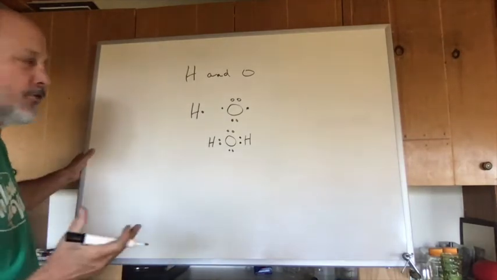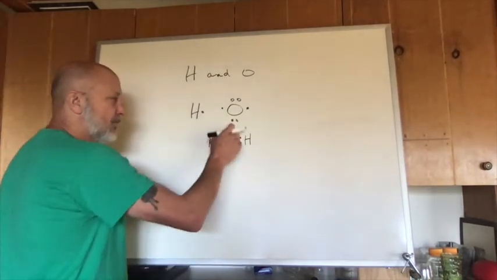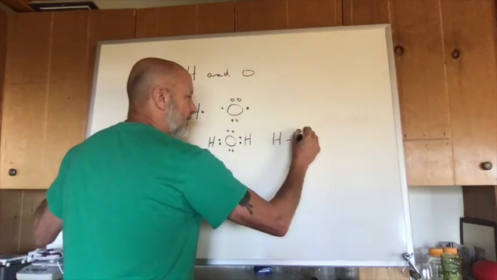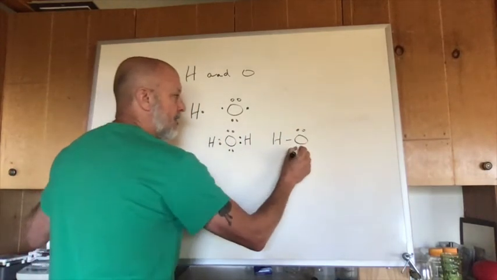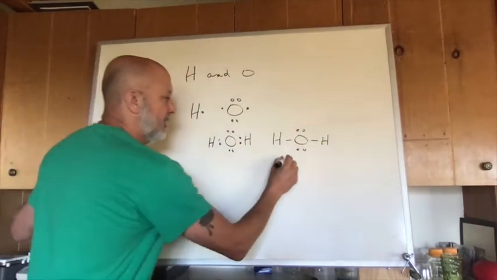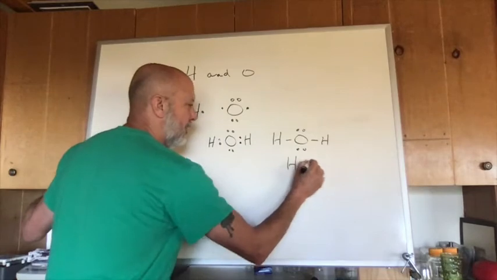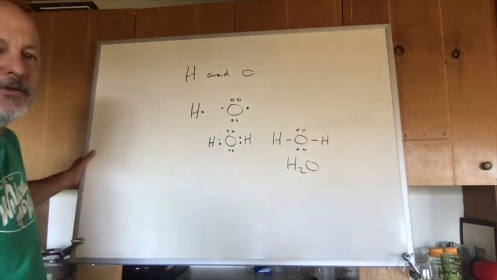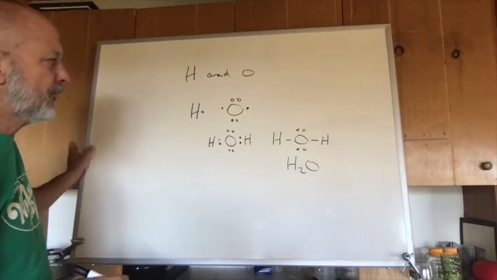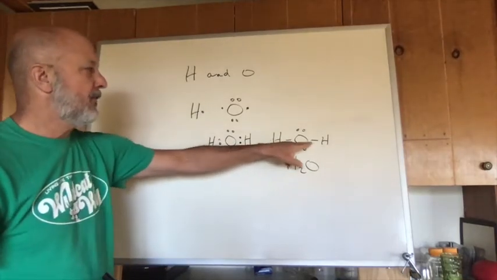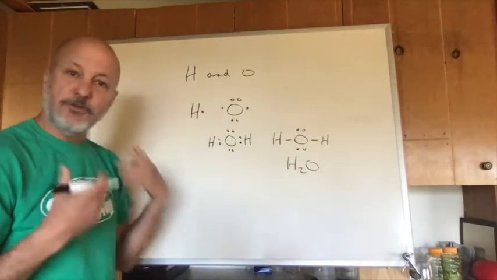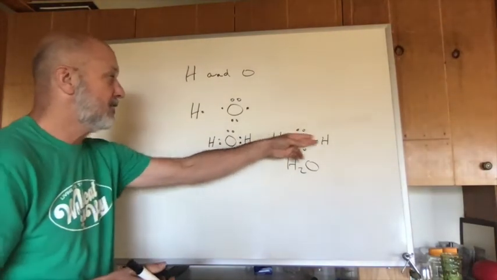Now, generally, we'll show these covalent bonds, these shared pairs, as a line. Not always. It's okay to show it like this. And I have that. The molecule is H2O, water. There are different ways that H and O can bond, but let's look at that one later. So what I have is 2 covalent bonds. In a water molecule, there are 2 covalent bonds with shared electrons between hydrogen and oxygen.